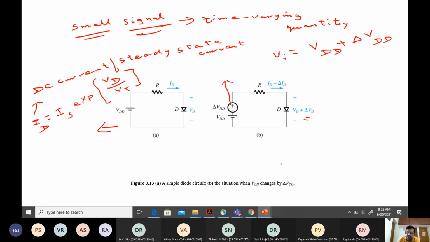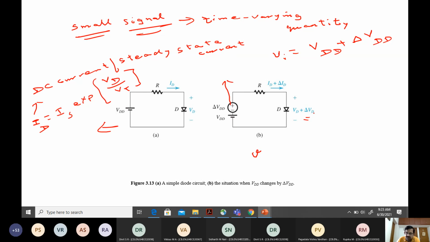So again, similarly, the voltage drop across the diode becomes, I will write that equation here and then explain the terms. Please make sure that you understand this carefully.